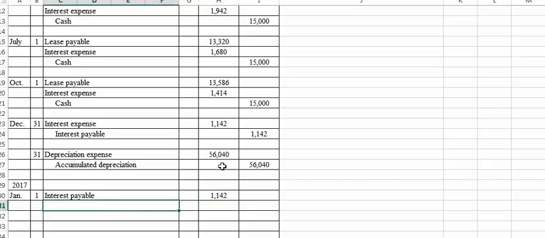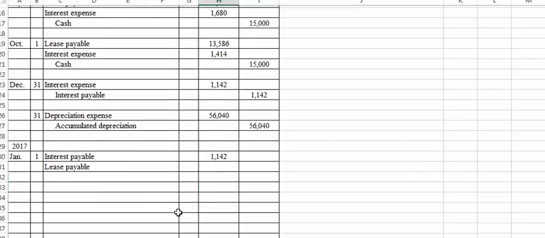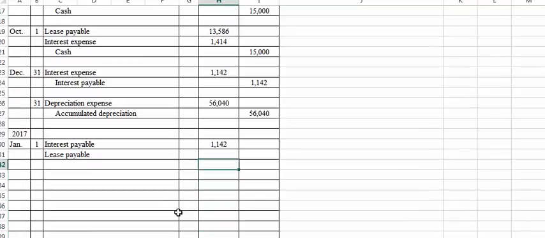We'll debit lease payable. This is our January 1st, 2017 row, so let's go over and look at the chart. Notice we debit interest payable rather than interest expense because the interest expense was recorded last year, the year in which it was incurred, not in 2017, the year it's paid in.